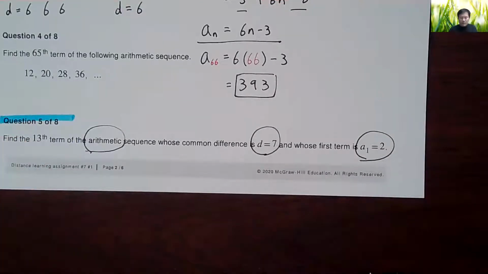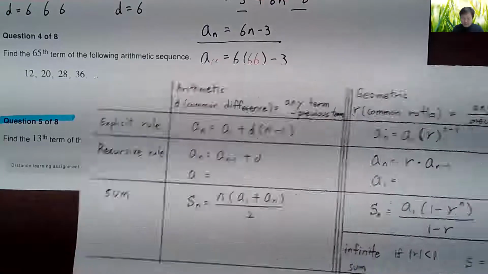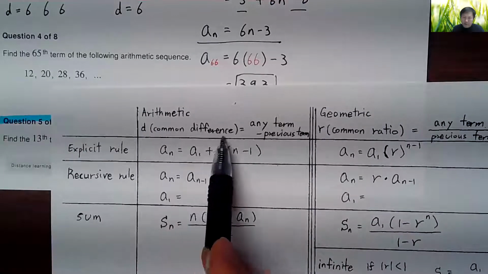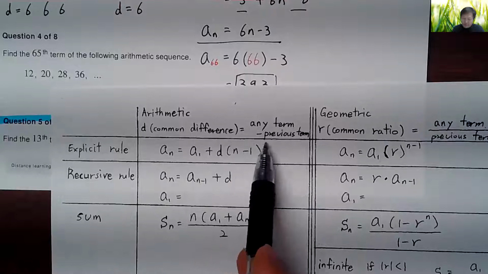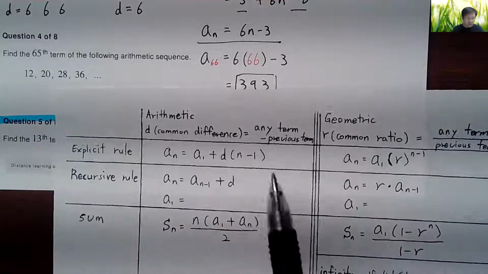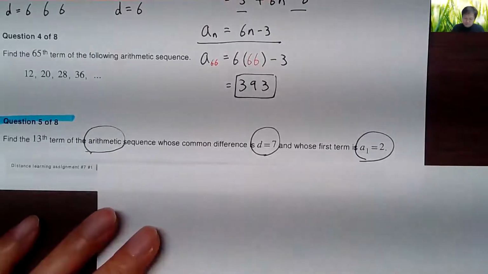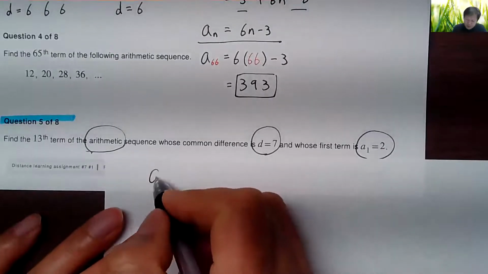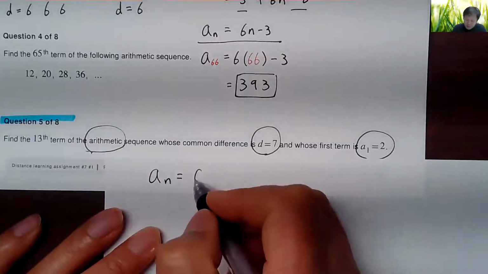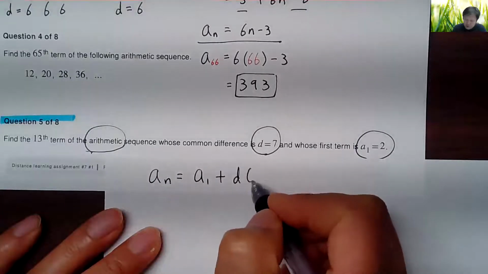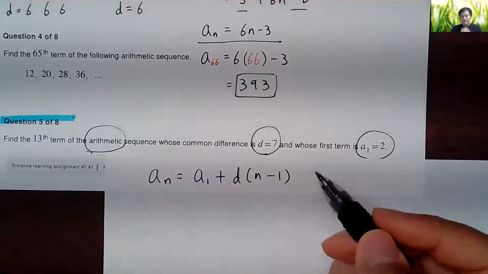So, same formula you're using, explicit form of arithmetic sequence, you're going to use this. Process will be exactly the same. So, a sub n equal to a sub 1 plus difference, parenthesis, n minus 1.